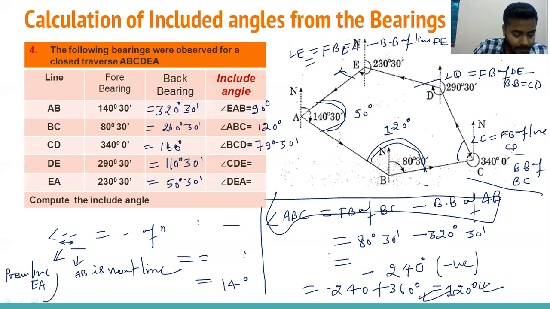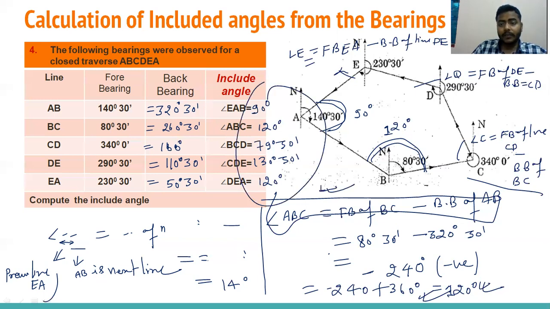CDE we got 130 degrees 30 minutes. Then the last angle, that is E, we got 120 degrees. So you can check whether you are getting all these results. One single formula will apply in all the cases: the forward bearing of the next line minus the back bearing of the previous line. When this is coming negative, then add 360 degrees. Right? Okay.